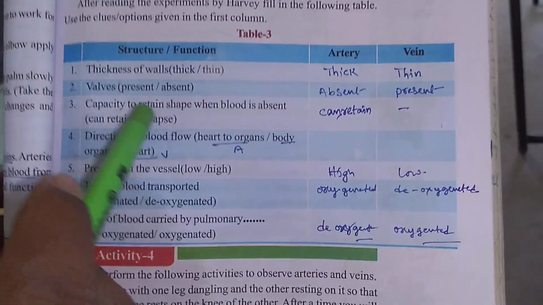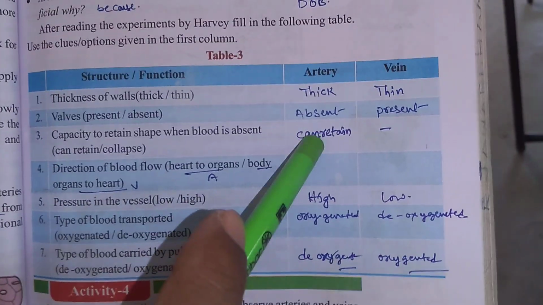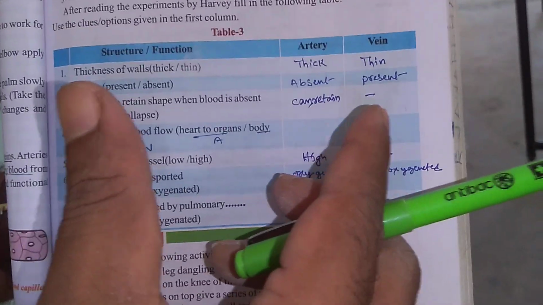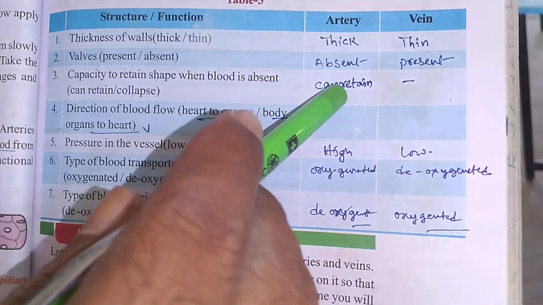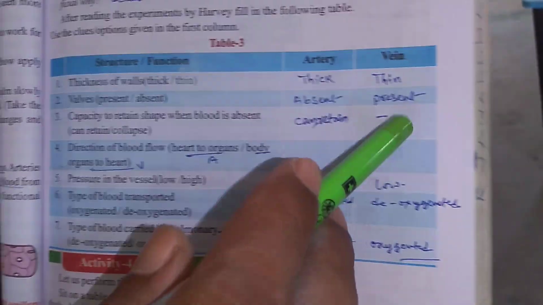Next, the capacity to retain shape when blood is absent: the artery retains it because it has an elastic structure. If you press it, it comes back to its original position because of the tough elastic fiber cord.